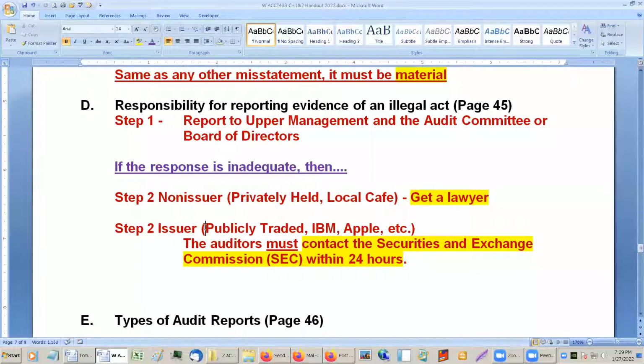The whole point of it is to try to get management to realize, look, you can either deal with it appropriately now, or you can do it with a bunch of regulators coming in and dealing with it that way. I imagine there are some negotiations when these things come about, but at some point, the whole idea is to get companies to take illegal acts seriously.